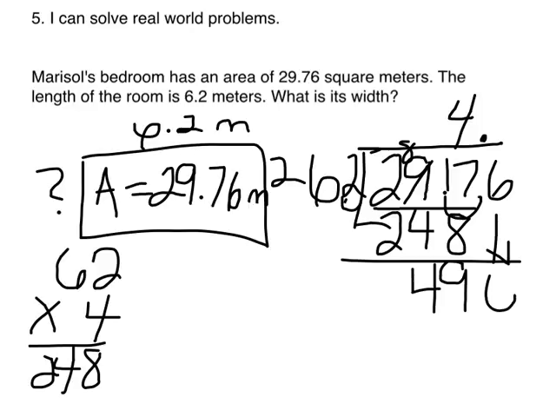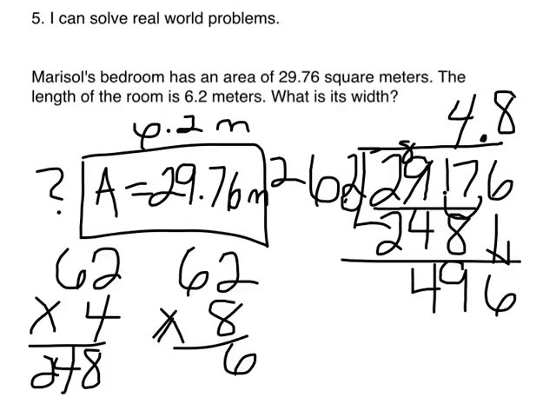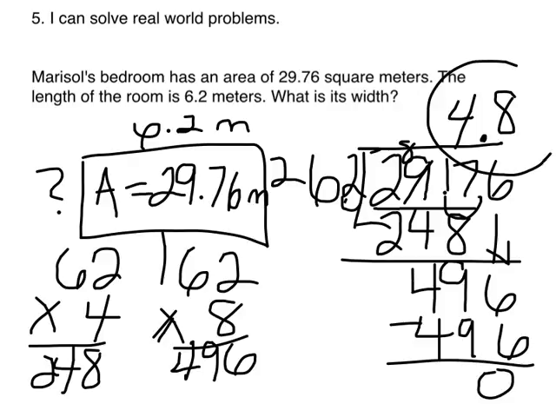Bring down our 6. 496, 62 can go into 496 8 times. Just check our math, 62 times 8, 2 times 8 is 16, 6 times 8 is 48, plus 1 is 49. And that gives us our answer, and that's going to be in meters, 4 and 8 tenths.